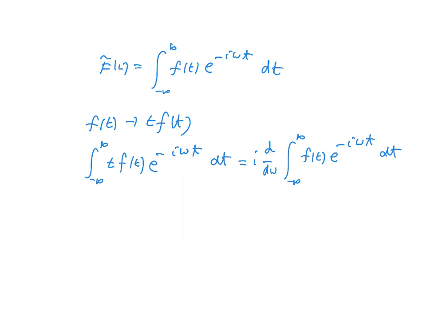So this t in front of f(t) can actually be obtained by differentiating this function by omega. If we differentiate exponential minus i omega t by omega, we have a minus i t in front. The minus i can be cancelled by applying i. So this is the same as this, right?